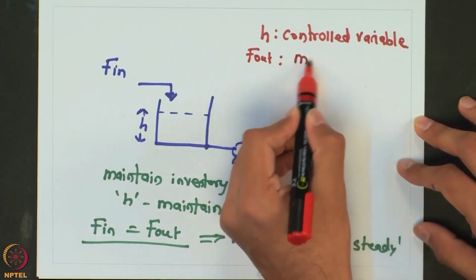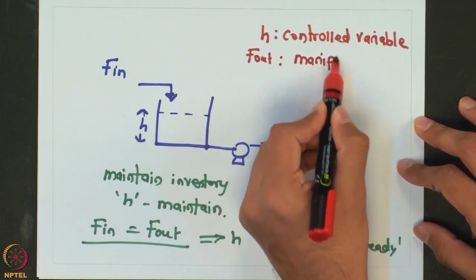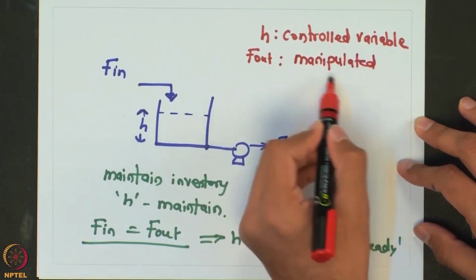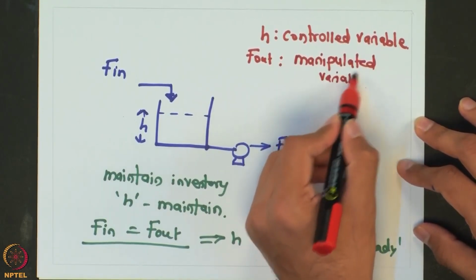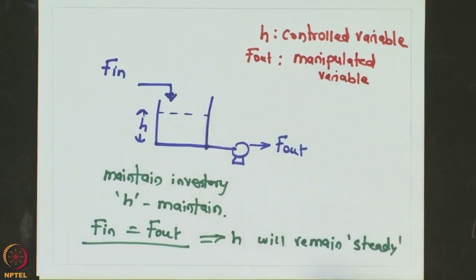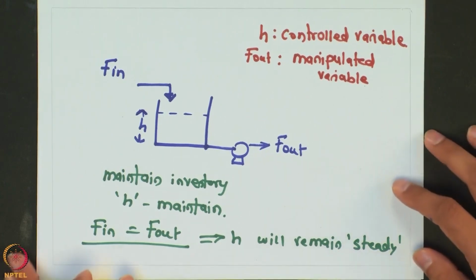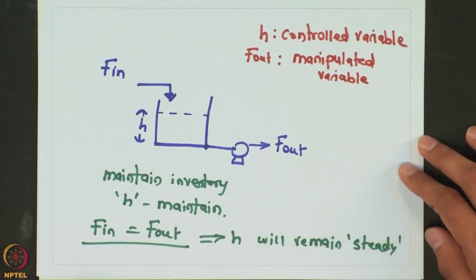So it is known as a manipulated variable. You can easily note that if a particular variable is a manipulated variable, it has to affect the controlled variable, otherwise it is not able to manipulate the controlled variable.